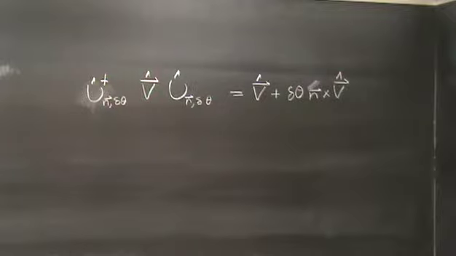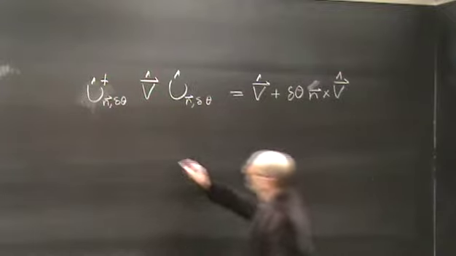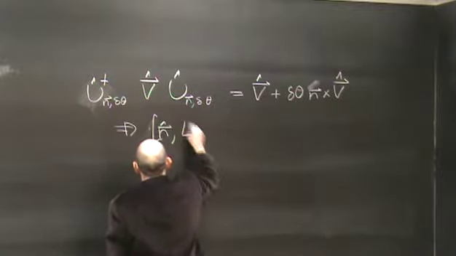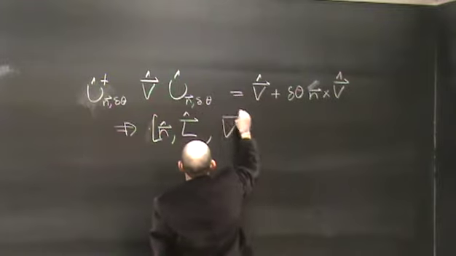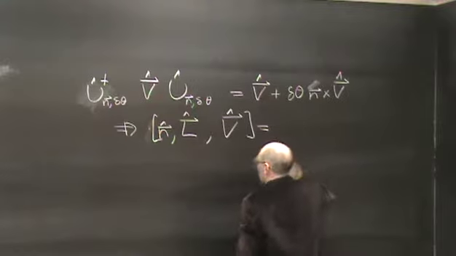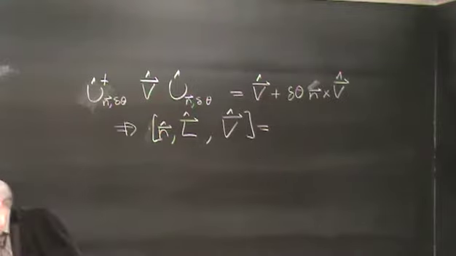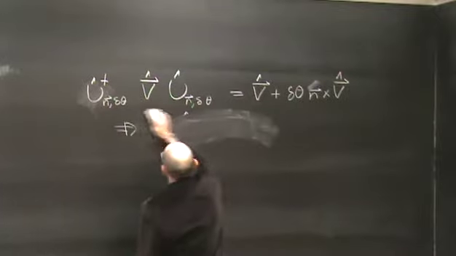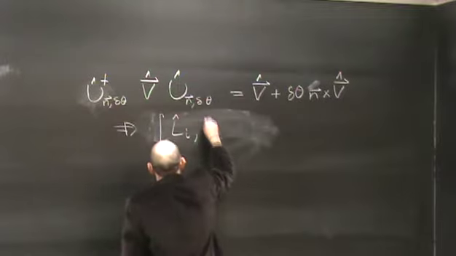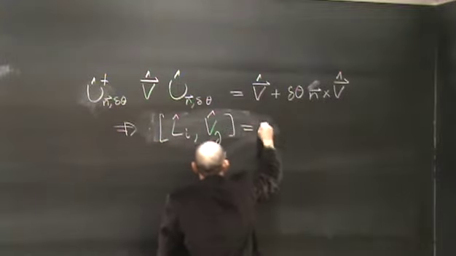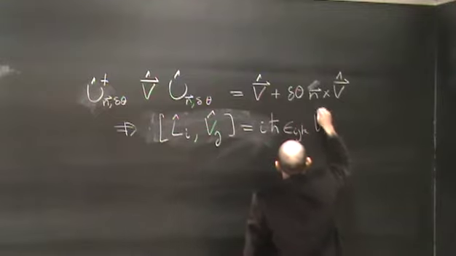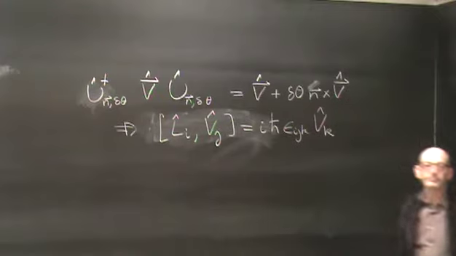Okay? By insisting on that, vectors have a special commutation relation. I'll write it out in component form. We proved this last time that [Li, Vj] is i h bar epsilon ijk Vk, sum over k.